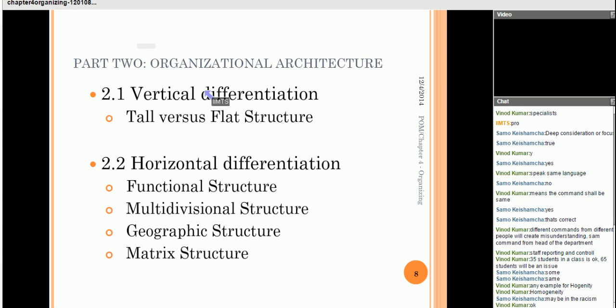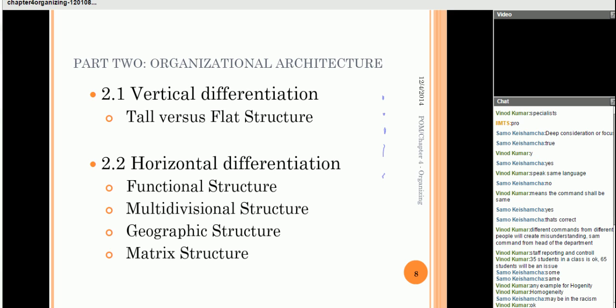So now we discuss the structure of the organization, the architectural structure. First is the vertical differentiation, that is tall versus flat structure. Tall structure is like one boss is there, then under him another one, then under him another one.